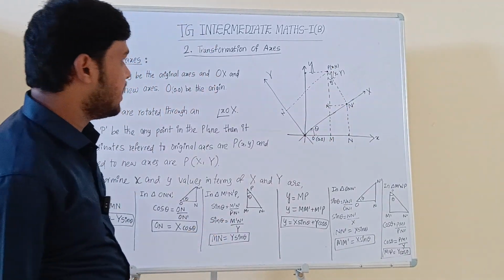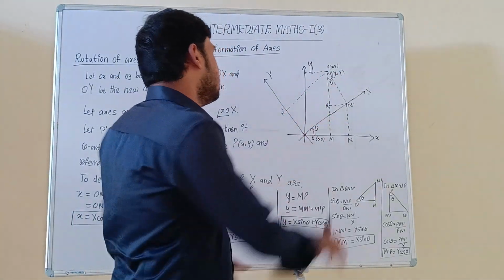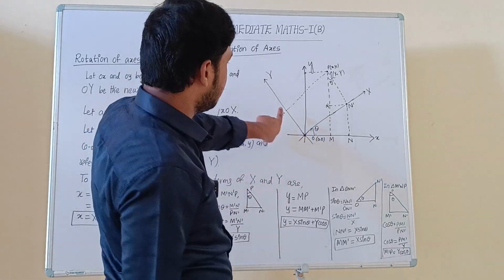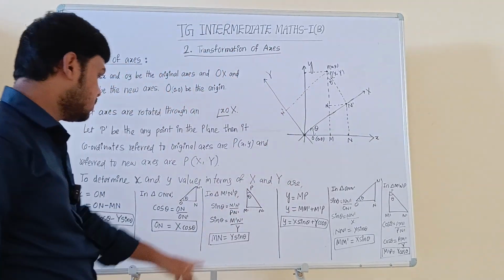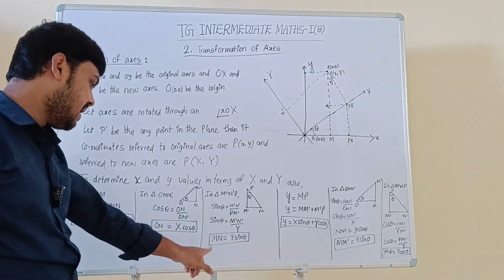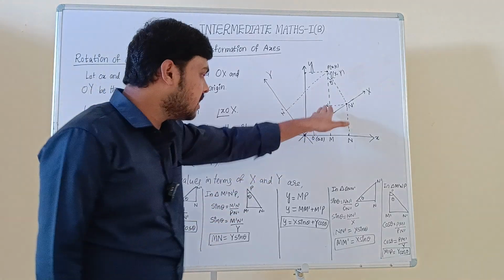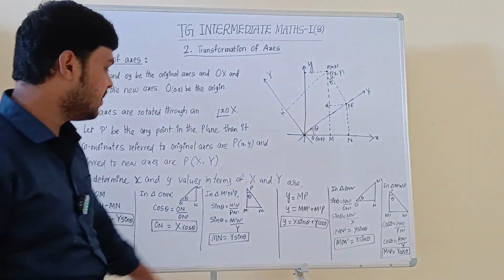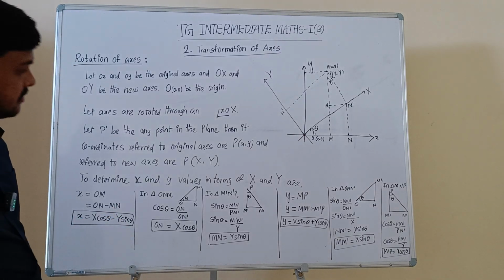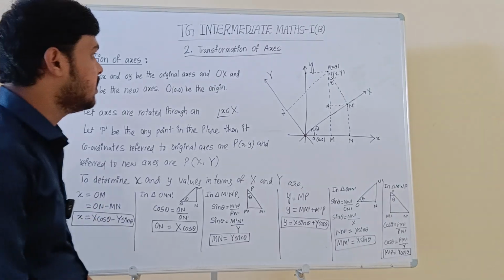P N dash is parallel to O N dash, which is capital Y. So M dash N dash is capital Y into sin theta, and since M dash N dash and MN are parallel, MN is capital Y sin theta.